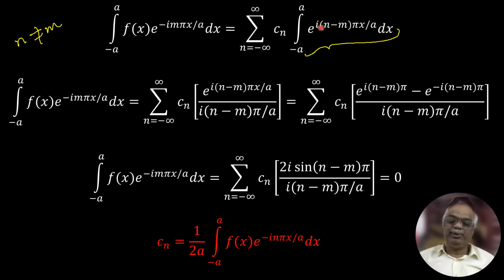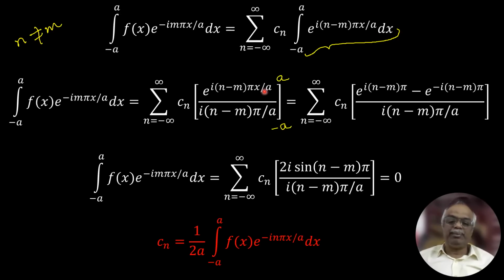If you integrate this, you will get e power i n minus m pi x over a divided by i n minus m pi by a. Now you have to apply the limit. Lower limit is minus a, upper limit is a.